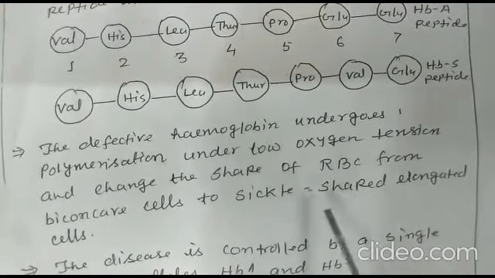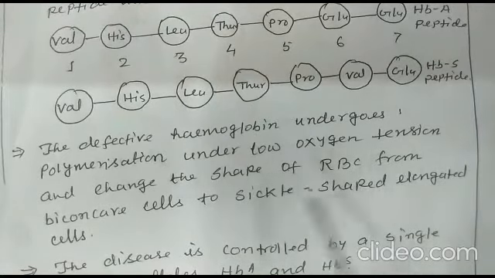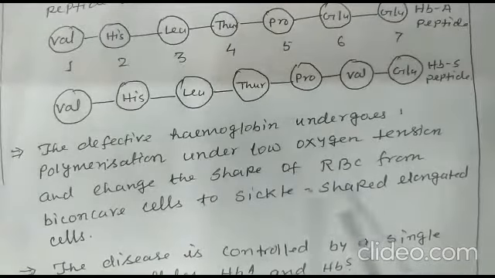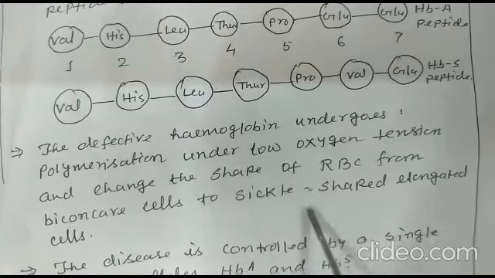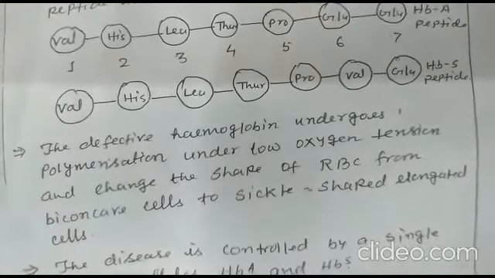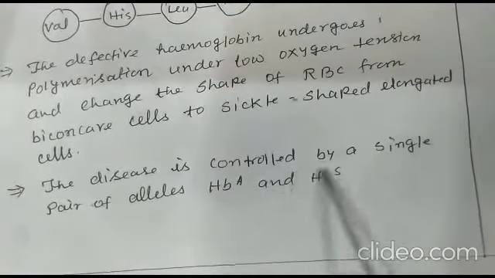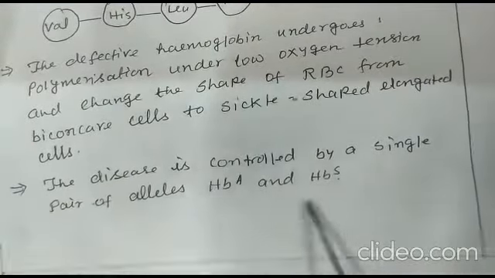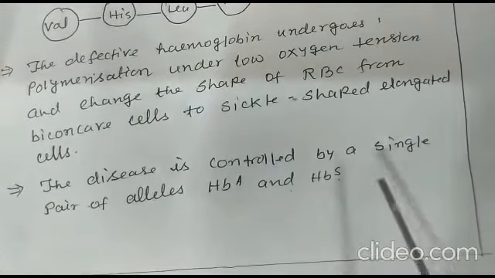Now suppose the cell becomes sickle shaped, what will be the ill effects? Let us see how the disease is controlled by alleles. The disease is controlled by a single pair of alleles, known as HbA and HbS.